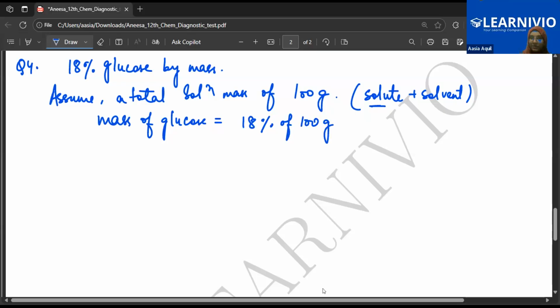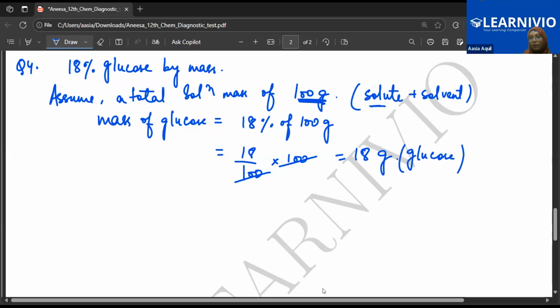So 18 by 100 into 100, this will cancel out and you will get 18 gram. So 18 gram is the mass of glucose, the solute.